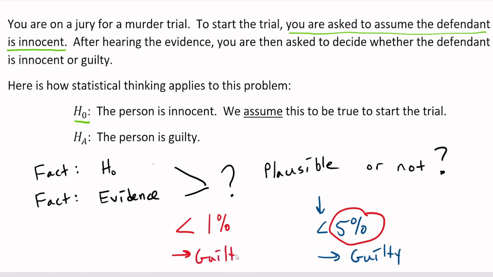If you're more comfortable with this statement, then 1% should be your cutoff. Maybe you're not even comfortable with that. Maybe you're more comfortable with, it's got to be 0.1% for you to say guilty.